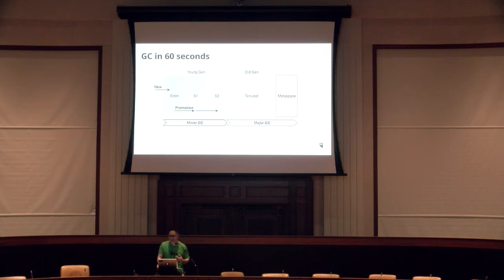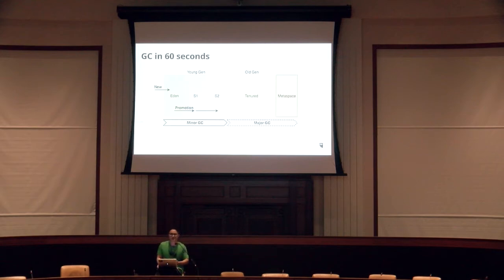So the general flow from allocation to GC is you have new objects that go into Eden, and at some point there's a threshold for Eden fullness that is reached. You're starting to run out of space in Eden, and that causes a minor GC event. What happens then is the object hierarchy in your app gets traversed, live objects in your young gen are marked, and surviving objects in Eden and the current survivor space are copied to the other survivor space.